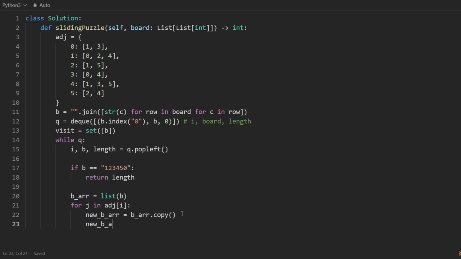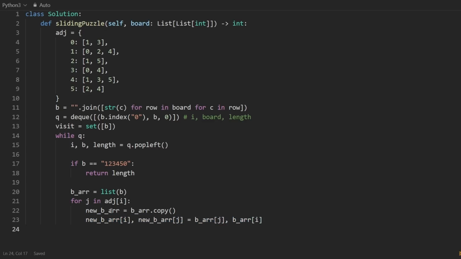So in the new board array at i and j, we want to do this. On the right side, we could actually have this array as well and just change these. So that's what I'll do. But you could have also had b array on this side to make it shorter. So however you want to do it. I guess I'll do this just because in other languages, I think this will work more consistently.